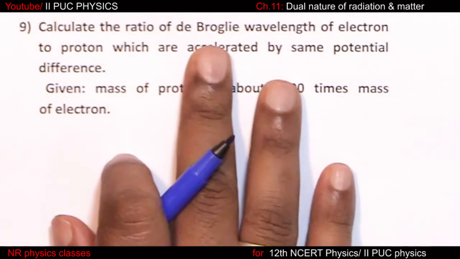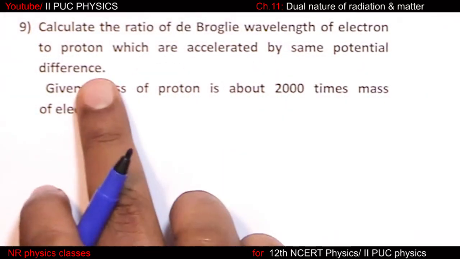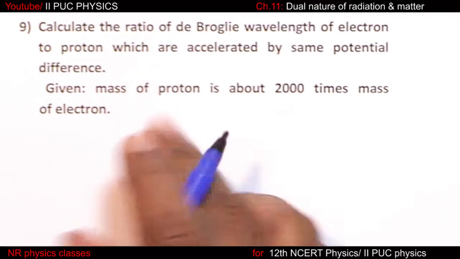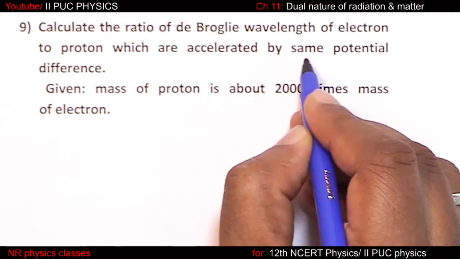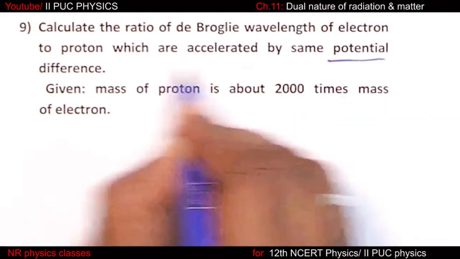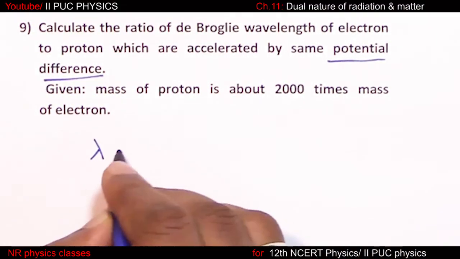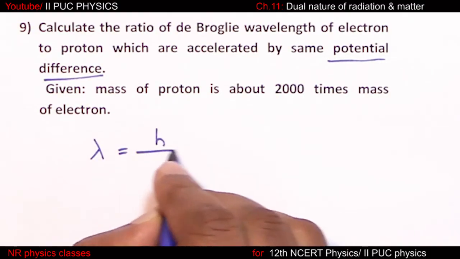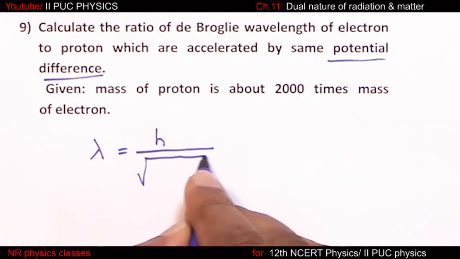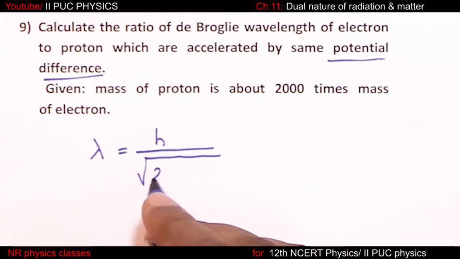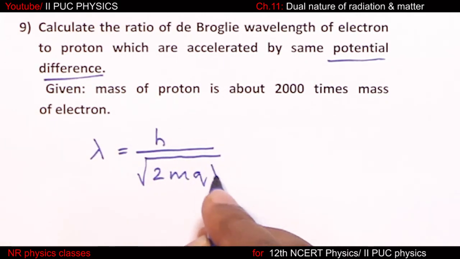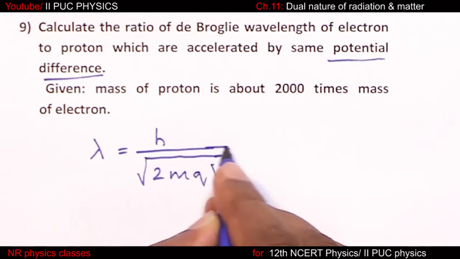Calculate the ratio of de Broglie wavelength of electron to proton, which are accelerated by same potential difference. So consider de Broglie equation with accelerating potential. So it is h by root of 2mqV, where V is accelerating potential.